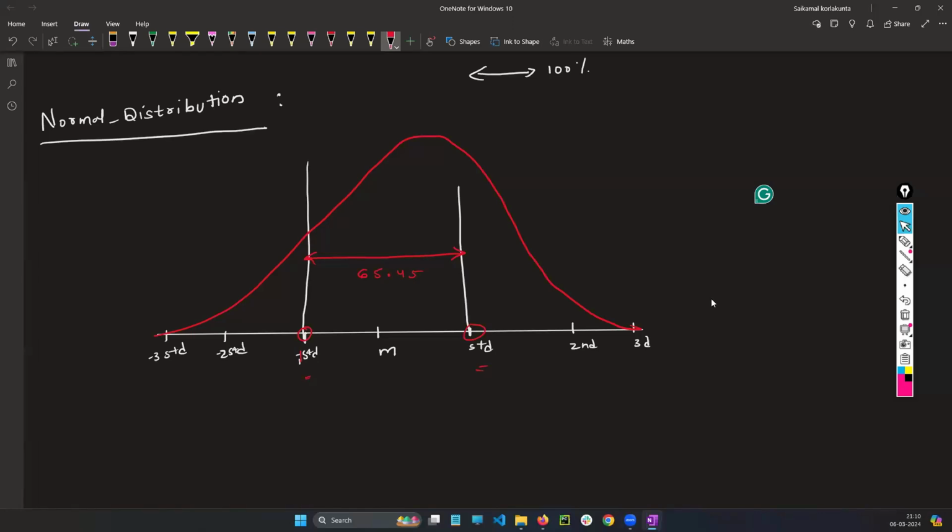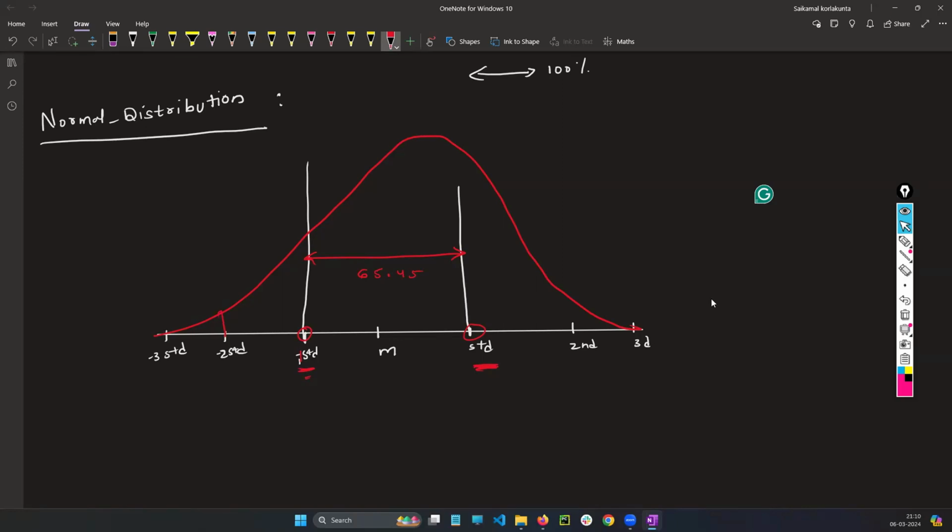So if your data follows a bell curve like this, between the negative first and positive first standard deviation, 65.45% of the data will lie.